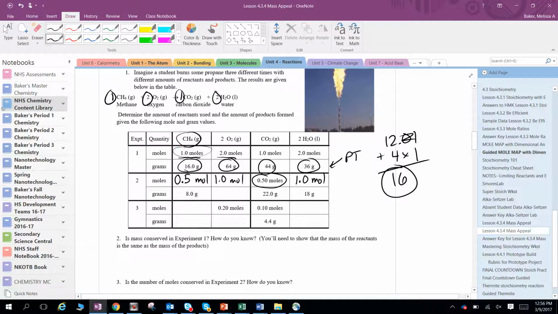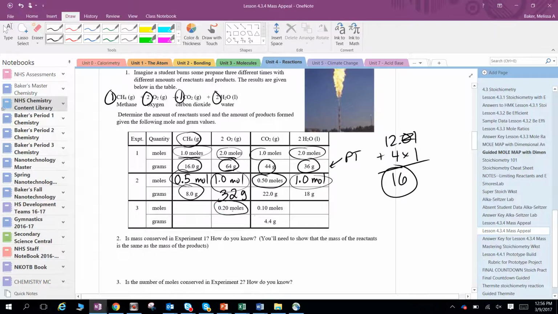So you can see it's just literally half of each of these amounts to keep it consistent. And we'll be able to do the same thing. Half a mole of that CH4 only weighs half as much. 64 was for 2 moles, so if I've got 1 mole, it only weighs 32 grams. And they did the other 2 for us.